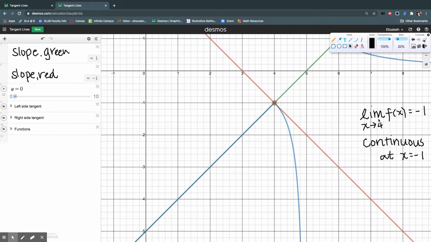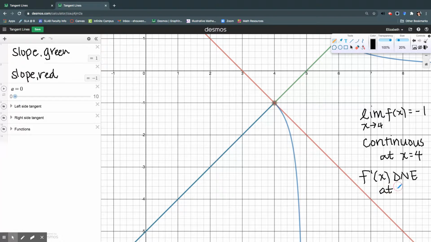So even though the function exists when x equals 4, it's continuous. Oh, sorry, this should say at x equals 4, so fix that if you wrote that down before. It's continuous at x equals 4. The derivative is what does not exist at x equals 4. So these are mutually exclusive, meaning just because it's continuous does not mean that you can take the derivative at that point.